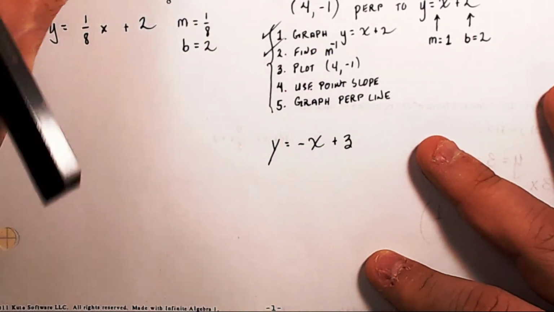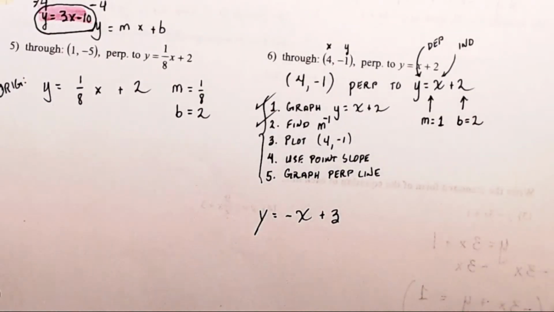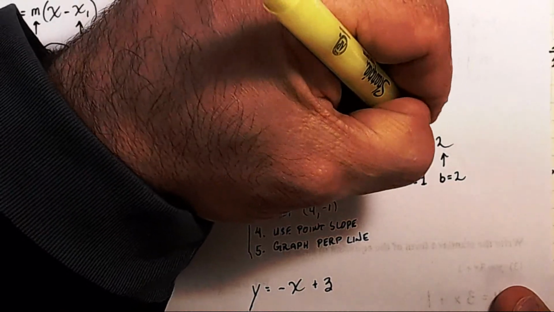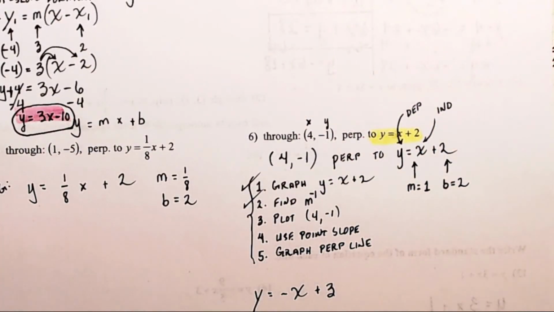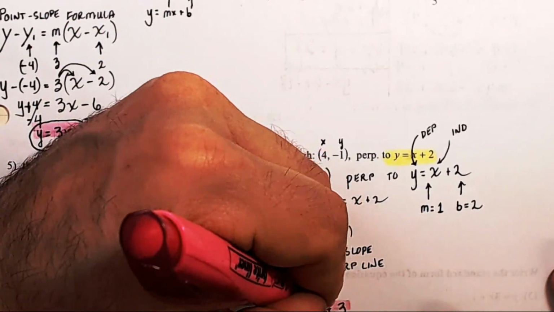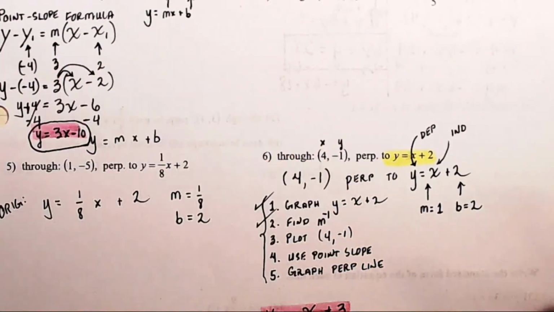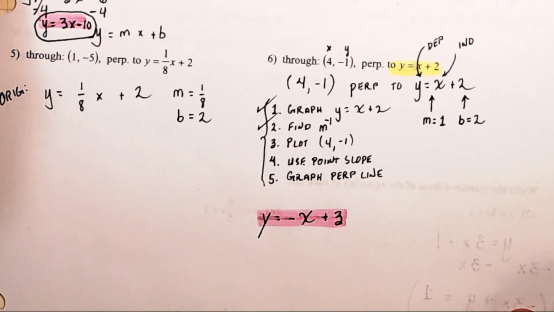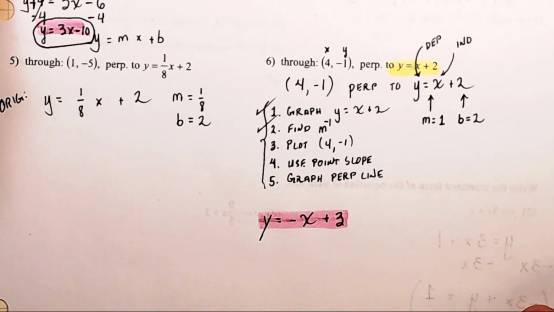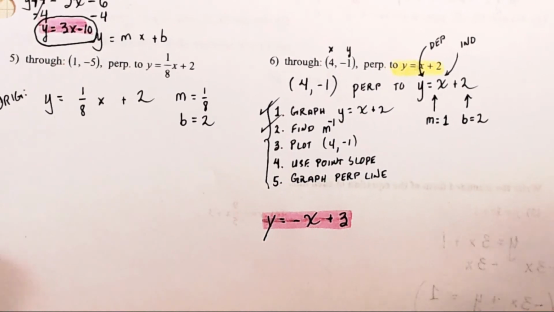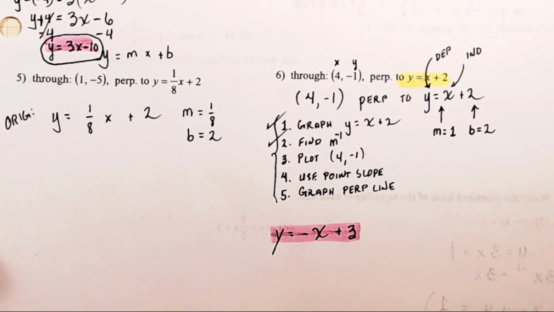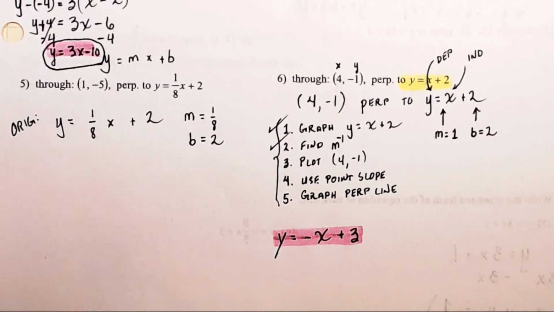And we'll now highlight this original line with yellow, since that's what we used on the graph, and this new perpendicular equation in pink. And that is how you solve those perpendicular problems. So now I think we've solved all the different types of problems here in this tutorial.